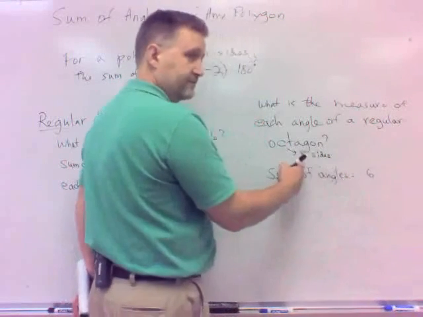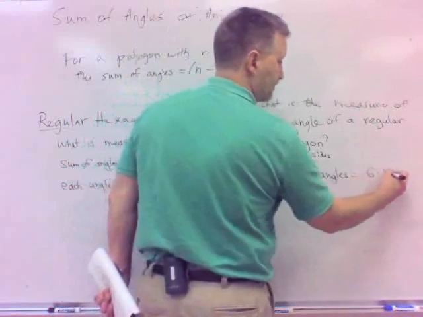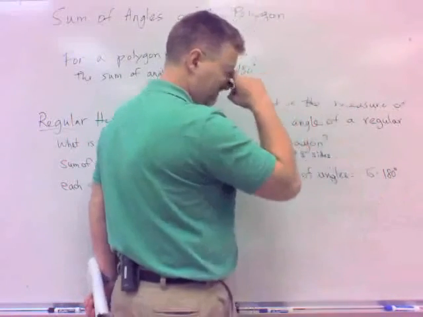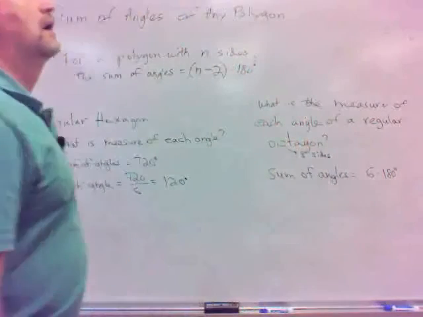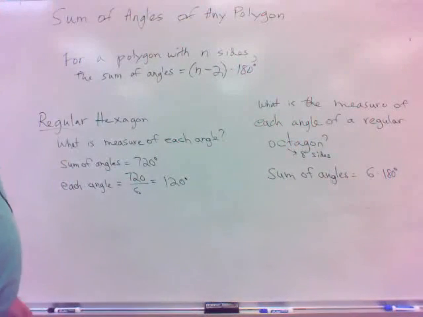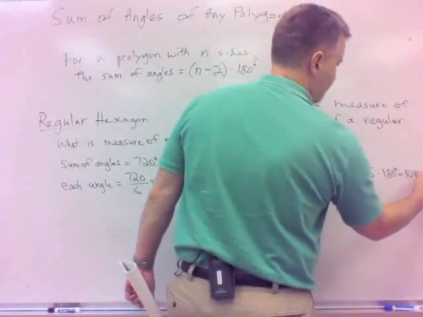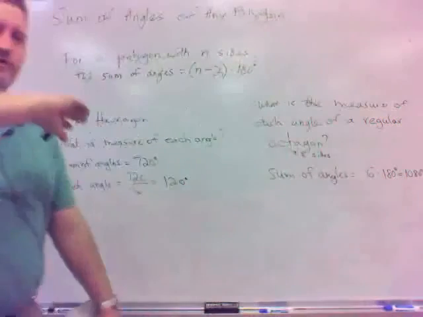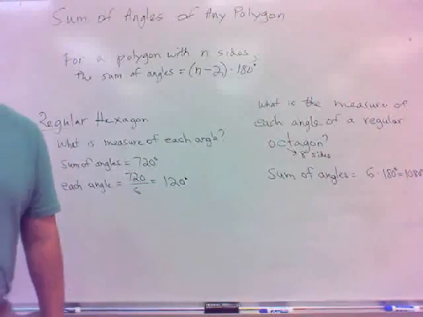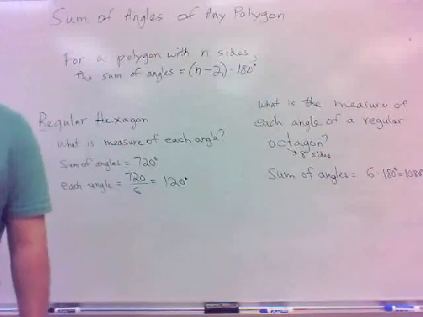So the sum of the angles would be 8 minus 2, which is 6, times 180, which is, what is that? 1080? 1080, okay. So I've got all total of the degrees is 1080 degrees.